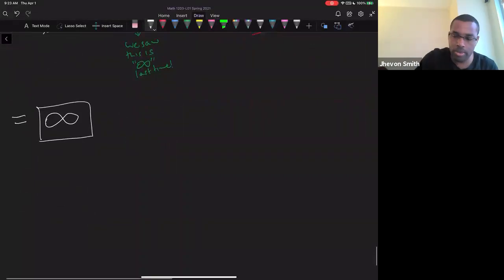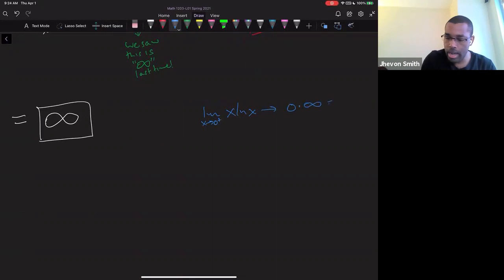Because we saw earlier, when we had x times ln x, as x was approaching 0, this went to 0 times infinity, and we found that the answer was 0. It does not mean you always get 0, because there are cases where you cannot get 0.